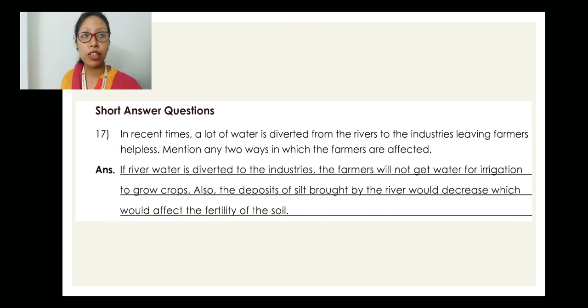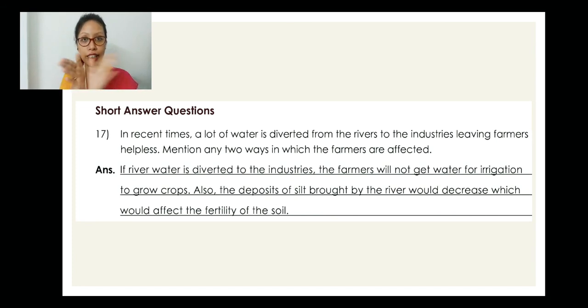Now you have to mention two ways how farmers are affected. If river water is diverted to the industries, the first point is the farmers will not get water for irrigation to grow crops. The lands which are far won't be able to get water through the canals for irrigation, because the water will become less. And then also the deposits of silt brought by the river would decrease, which would affect the fertility of the soil.